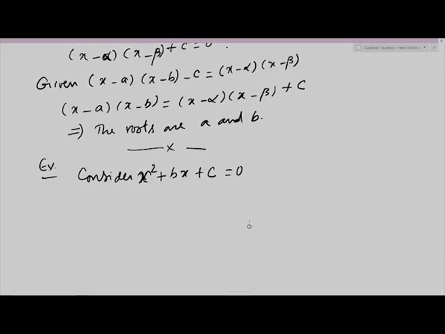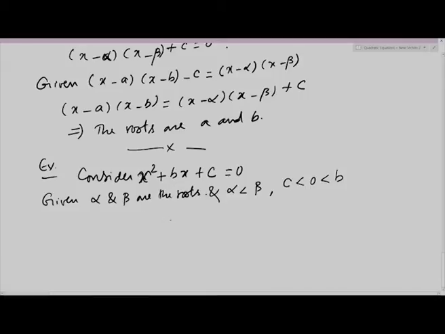And here I assume that alpha and beta are the roots, and also there is a condition: alpha is less than beta, and the number c is negative, that is c is less than 0 and b is greater than 0. So, these are the information given for this equation x square plus bx plus c equal to 0.